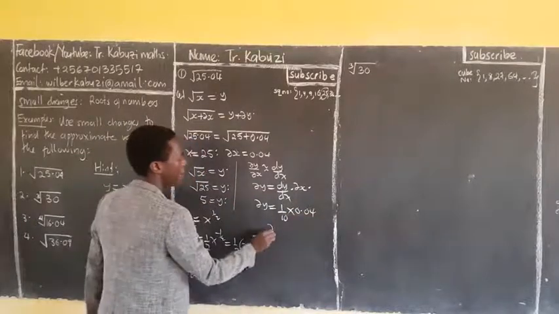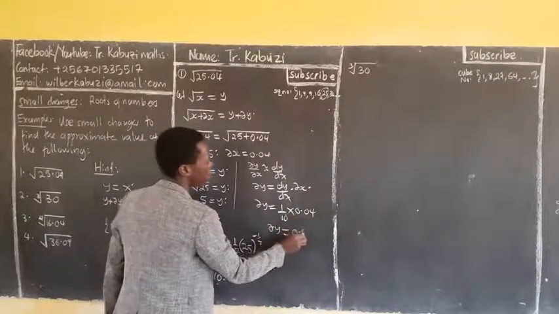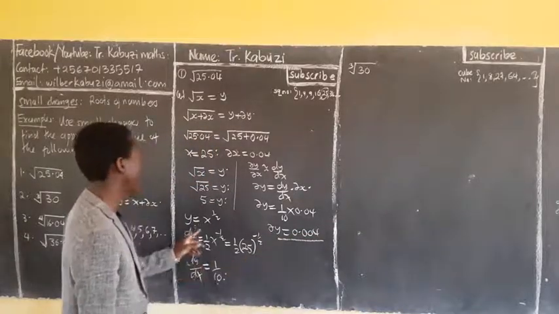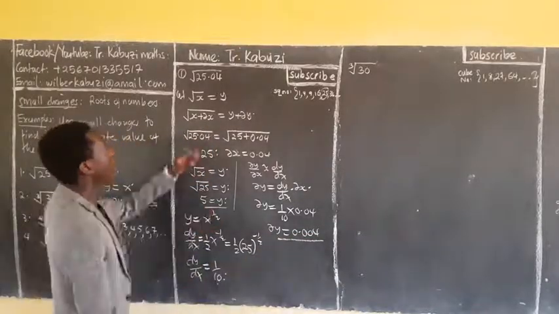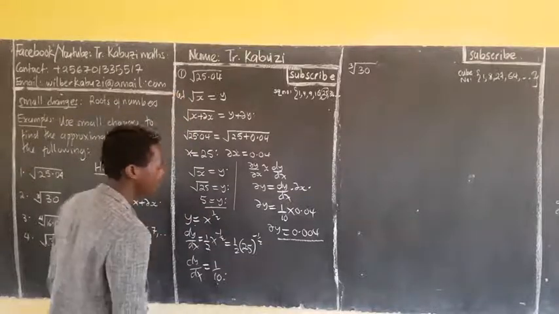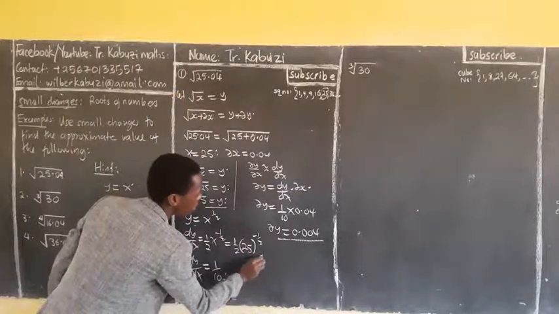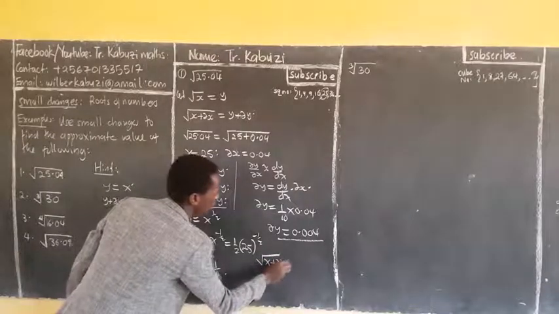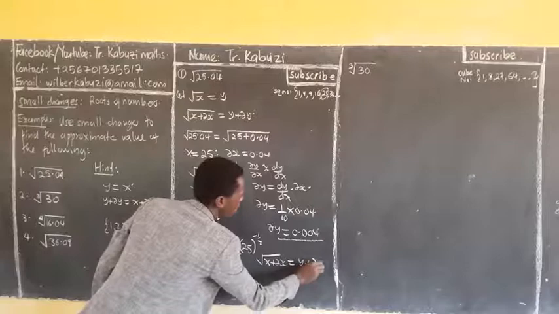And start here, my delta y will be 0.004. So now I have delta y, I have also y in here. Now we say that root x plus delta x will be equal to y plus delta y.